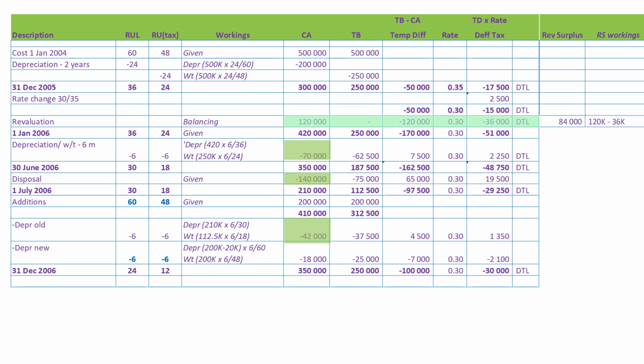Thereafter, when we depreciate our plant by 70,000, we need to calculate how much of that 70,000 contains a revaluation surplus that is being depreciated. To get that, we simply take 84,000 multiplied by 6 months used divided by 36, being your remaining useful life.